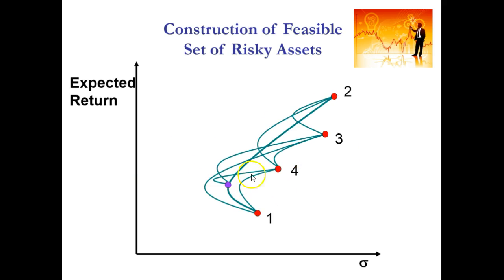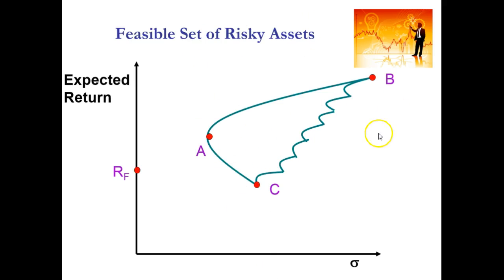So we can see the cloud starting to take form here, where we're getting all these combinations of, in this case, just combining these 4 assets and all the possible iterations of 1 through to 4 asset portfolios, and the result is the cloud. So the cloud is relevant because anything inside the cloud comprises our feasible set of risky assets. That is the combination of potential portfolios that the investor has available to them within this universe of stocks.